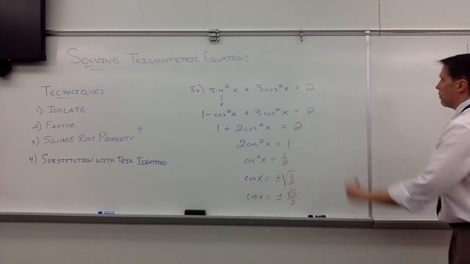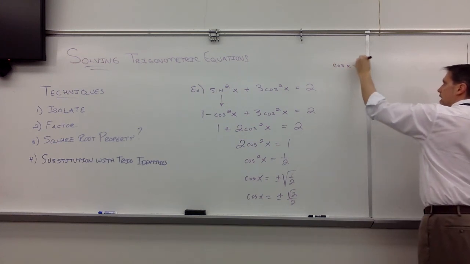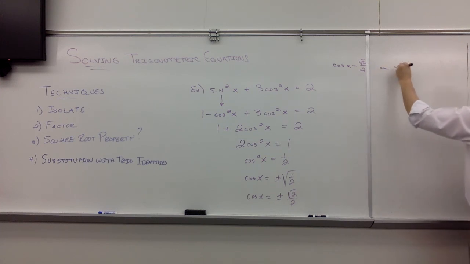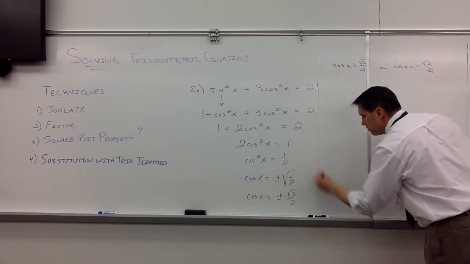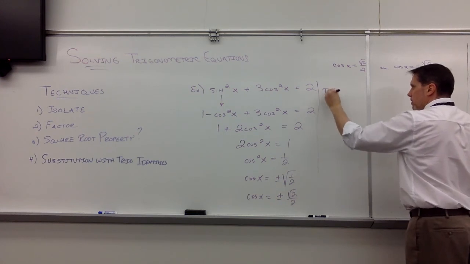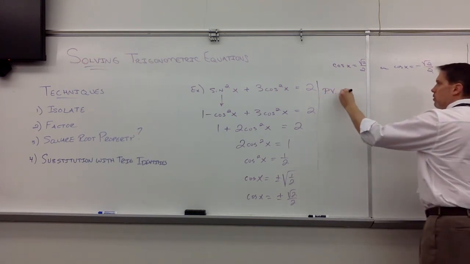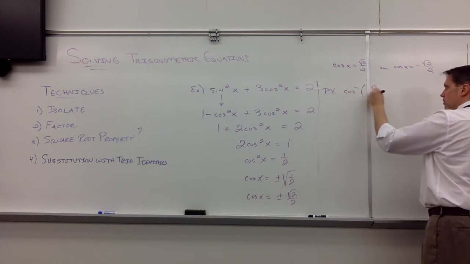Should recognize that one, but we'll set up our 2. So we got cosine of x equals positive square root of 2 over 2, or cosine of x equals negative square root of 2 over 2. Again, solving these for principal values. Hopefully you're starting to understand. This means the cosine inverse of square root of 2 over 2.